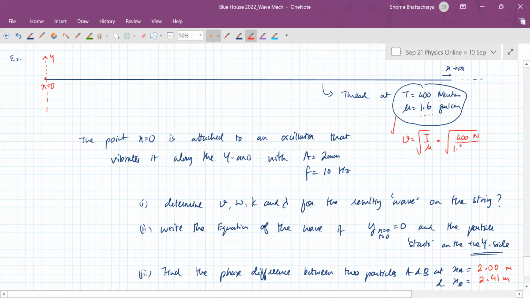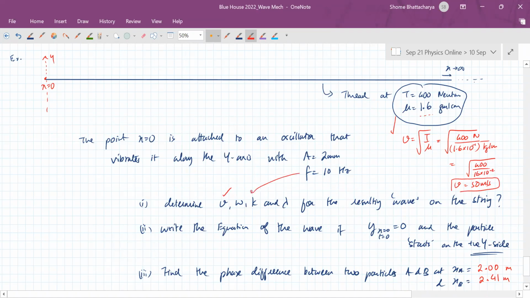So this will become 1.6 into 10 raised power minus 1 when you convert to kg per meter. So 50 meters per second should be the wave speed.